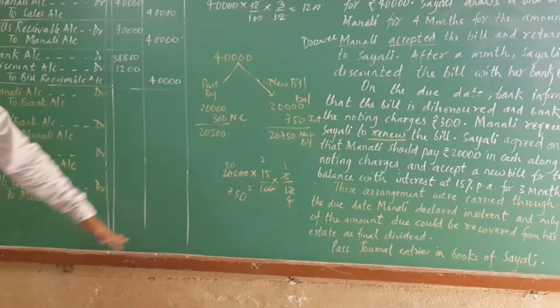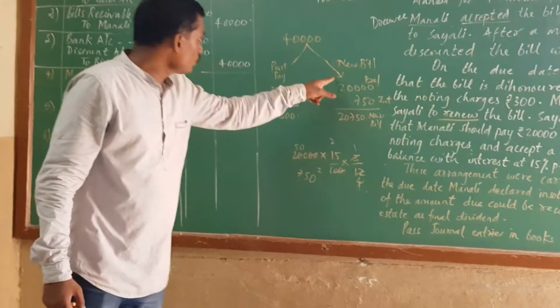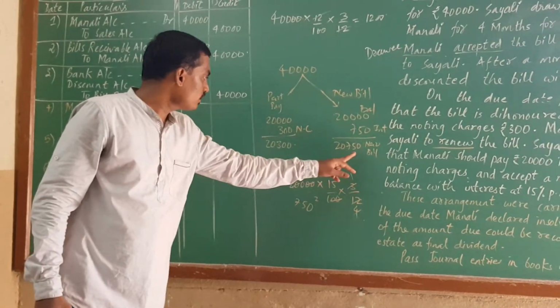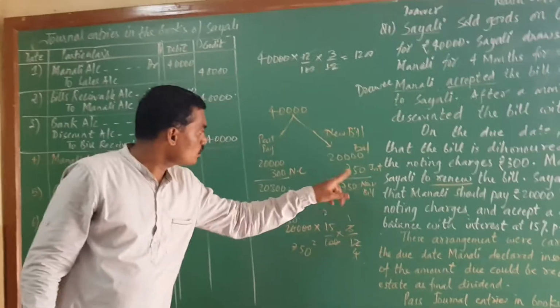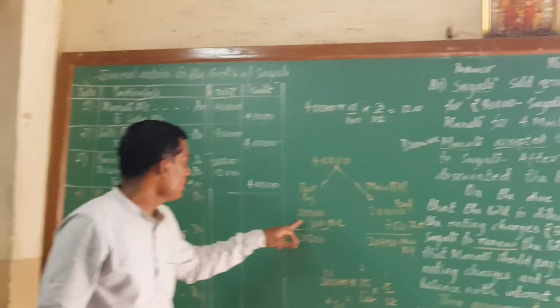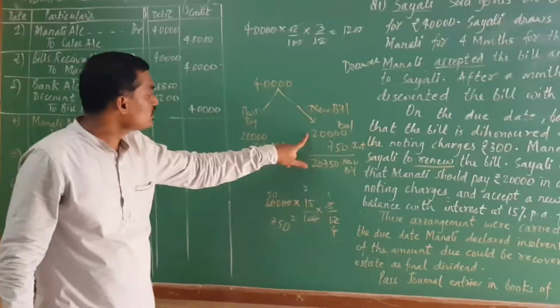Okay, so these are the calculations. So new bill is 20,750. This is the interest, this is the part payment, and this is the new bill.